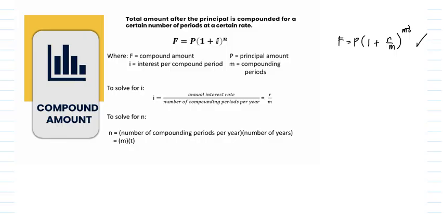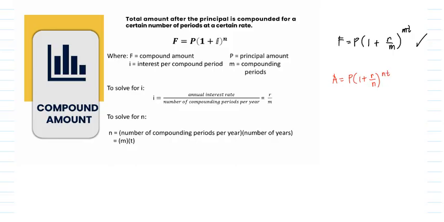Sometimes other books would have variables for the compound amount as A. So they would have it like this, A is equal to P times 1 plus R divided by N times NT.